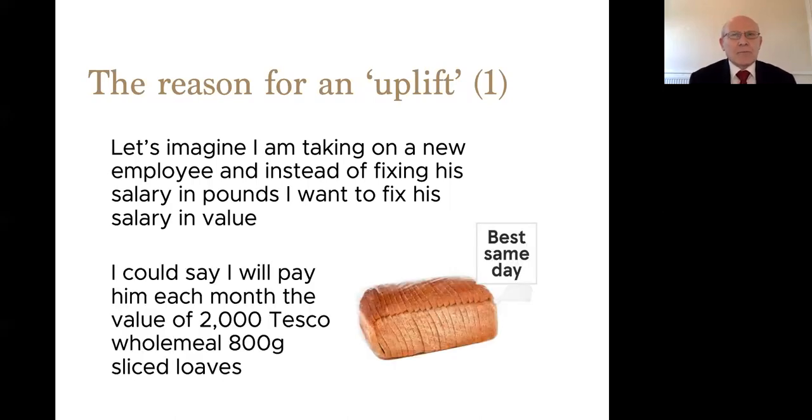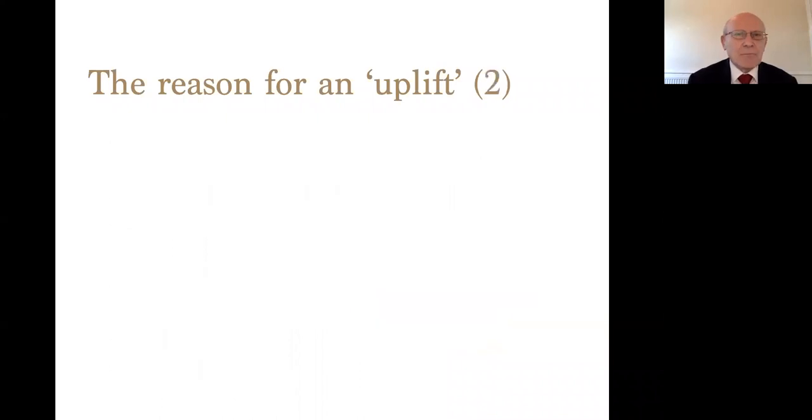Well, I could say, right, John, I'm going to pay you each month the equivalent of the value of 2,000 Tesco wholemeal 800-gram sliced loaves. You might wonder why I would do that, but well, why not? What I need to do is go to Tesco, don't I, and find out how much in pounds they are.